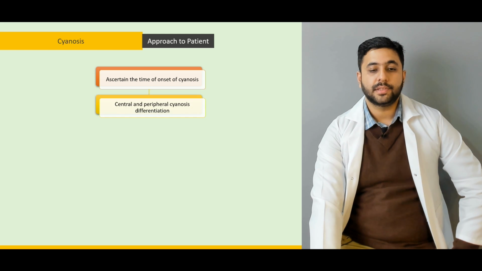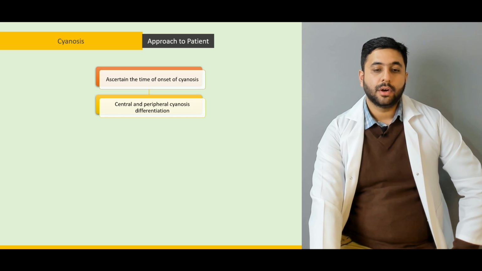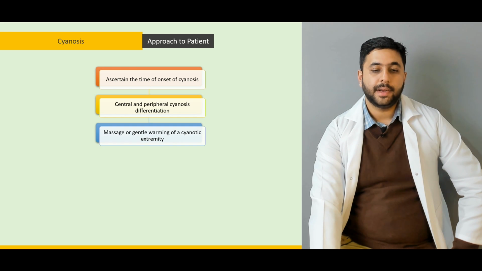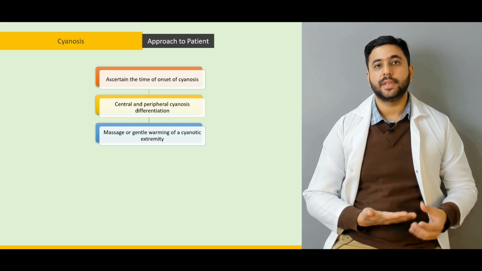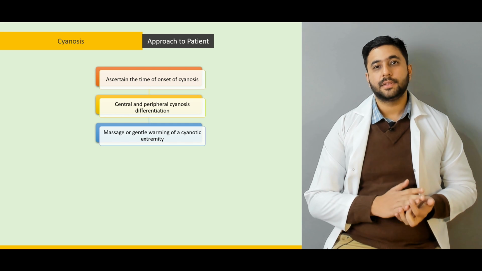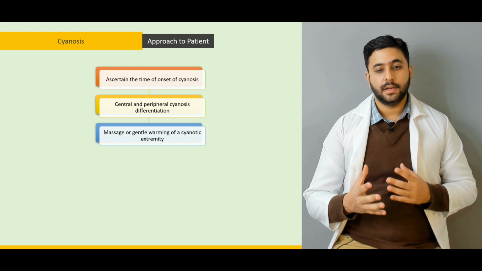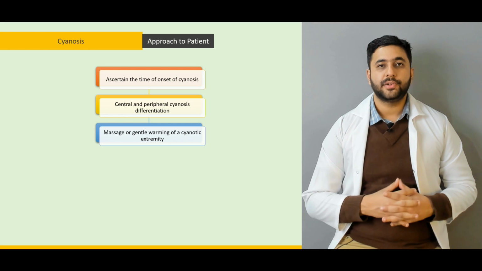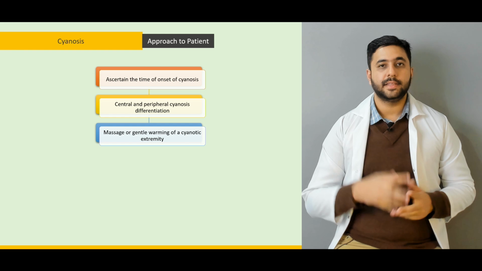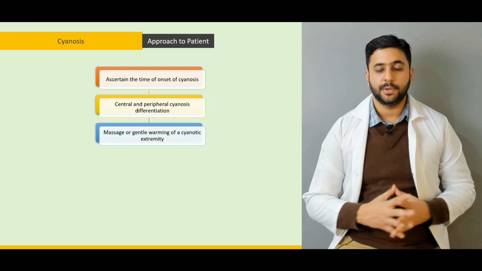Next, whether the cyanosis is central or peripheral, because this can be ascertained very quickly by massaging or gently warming the extremities of the person. If someone has a bluish discoloration of the nails and you gently massage the extremity, then that cyanosis goes away. But if someone has central cyanosis as well along with the periphery, the central cyanosis does not go away with this maneuver.